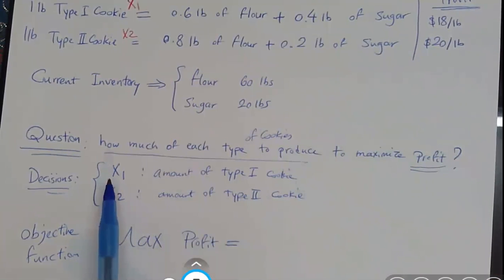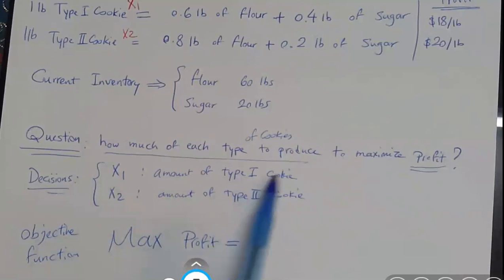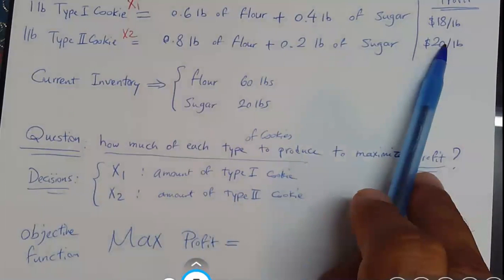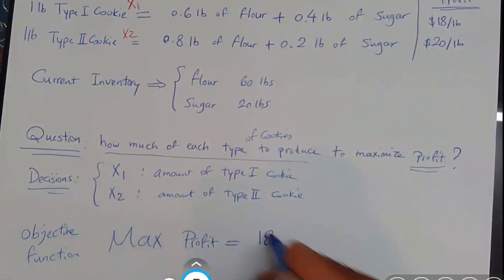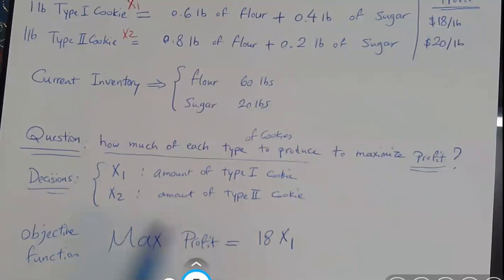So I don't know yet how much I'm gonna produce from type 1 cookie. For each pound, I'm gonna get 18. So at the end of the day, after I produce X1, how much profit am I gonna make? 18 times X1 for making X1 pounds of type 1 cookie, plus, same thing for type 2.